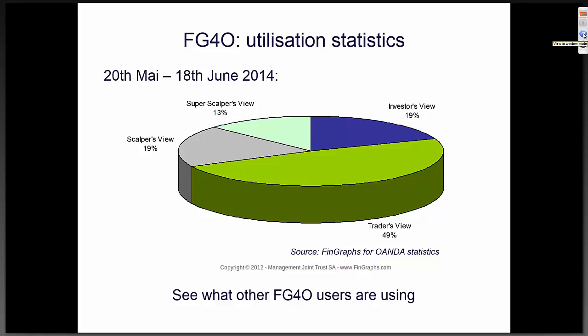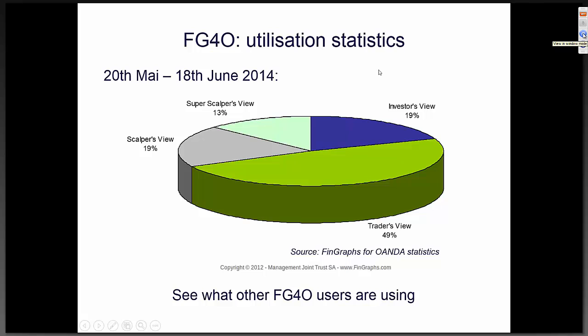What you can see is that most were looking at trader's view, meaning gaining a weekly perspective, checking their daily position, and then looking for intraday turning points. About 20% did go to fetch a longer-term perspective with the investor's view.